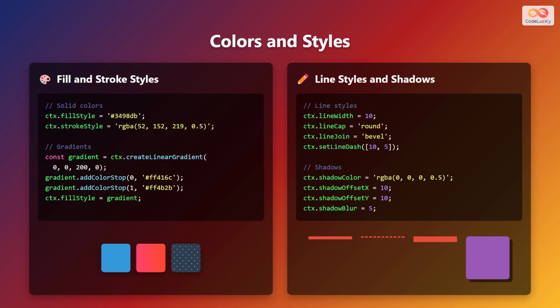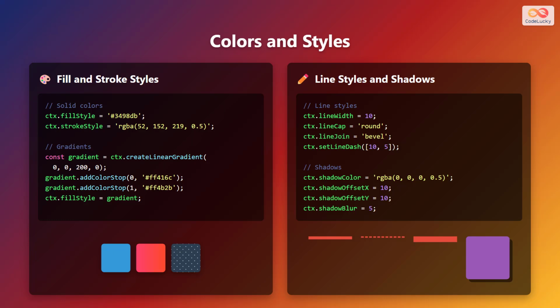Example code for solid colors: context.fillStyle equals #3498db. context.strokeStyle equals rgba 52, 152, 219, 0.5. Example code for gradients: const gradient equals context.createLinearGradient 0, 0, 200, 0, gradient.addColorStop 0, #FF416C, gradient.addColorStop 1, #FF4B2B. context.fillStyle equals gradient.